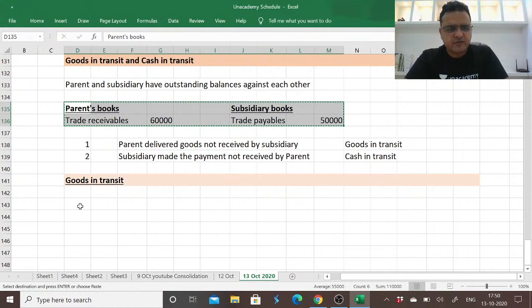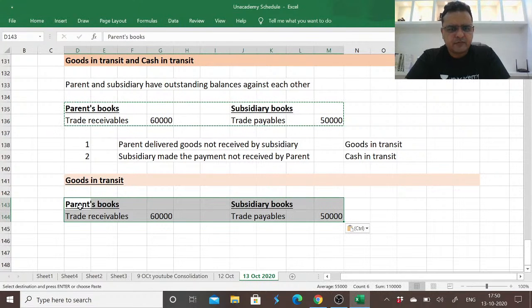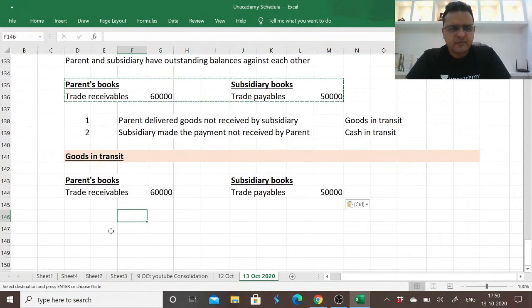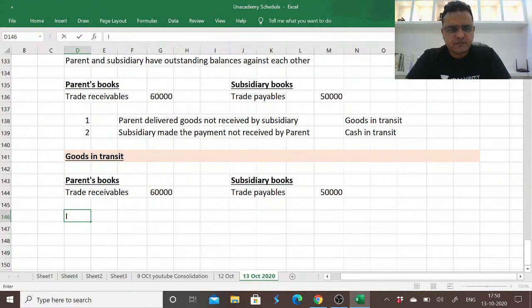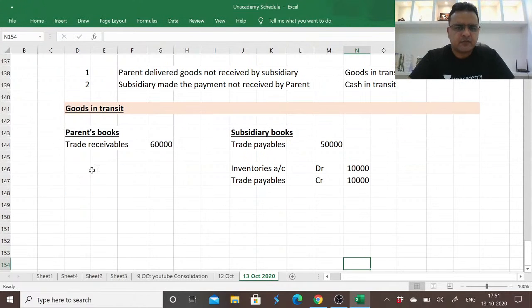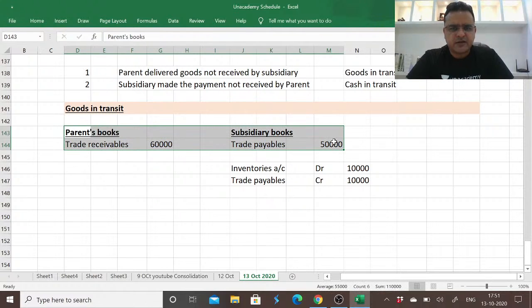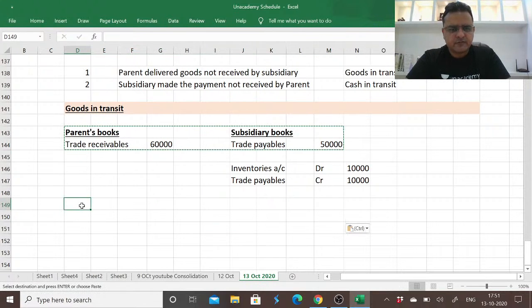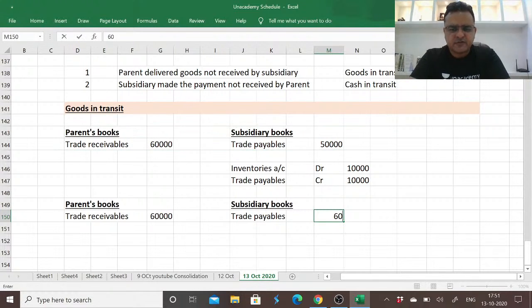Then the entry will be inventories account debit, trade payables credit, 10,000 each. The resulting balance is 60,000.